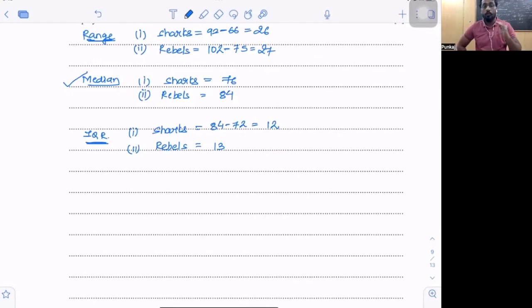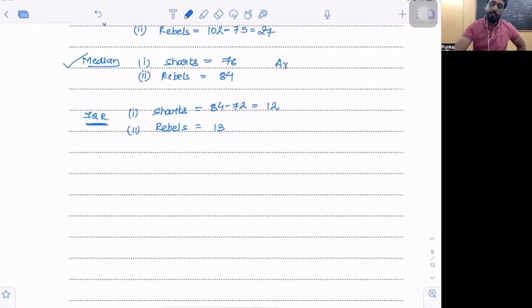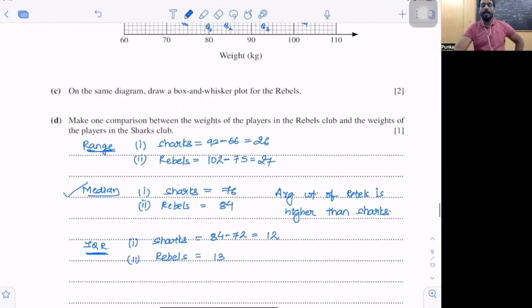So the weight of Rebels is higher than the average weight of Sharks. So that one comparison you can definitely say. So average weight of Rebels is higher than Sharks. Okay, so that's the comparison that we have done.